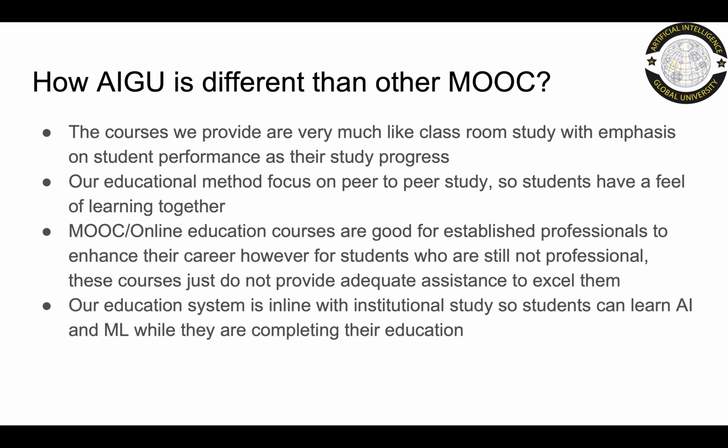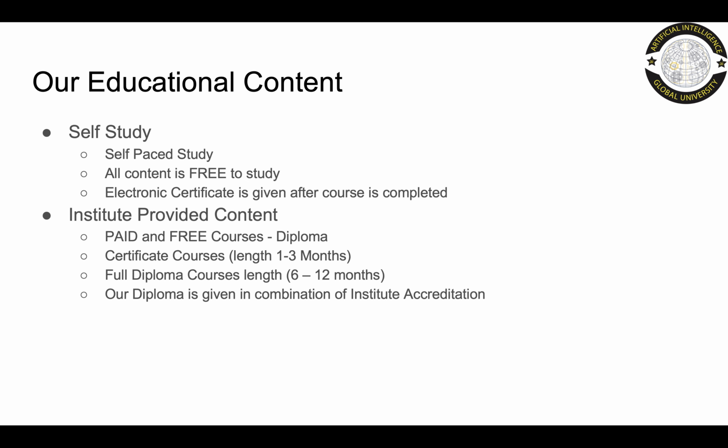It means once they complete their master's degree or their bachelor's degree, they already have enough AI and machine learning practical and theoretical knowledge that they can start working in the field. And that is how AIGU is very different from any MOOC platform all over the world.